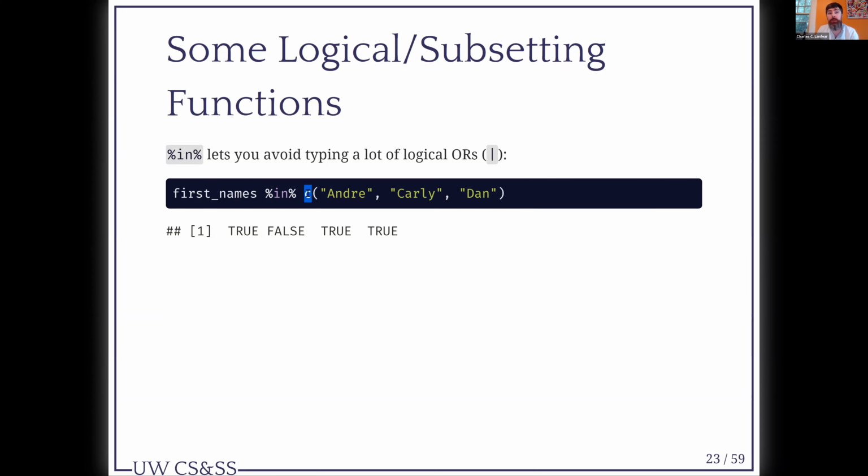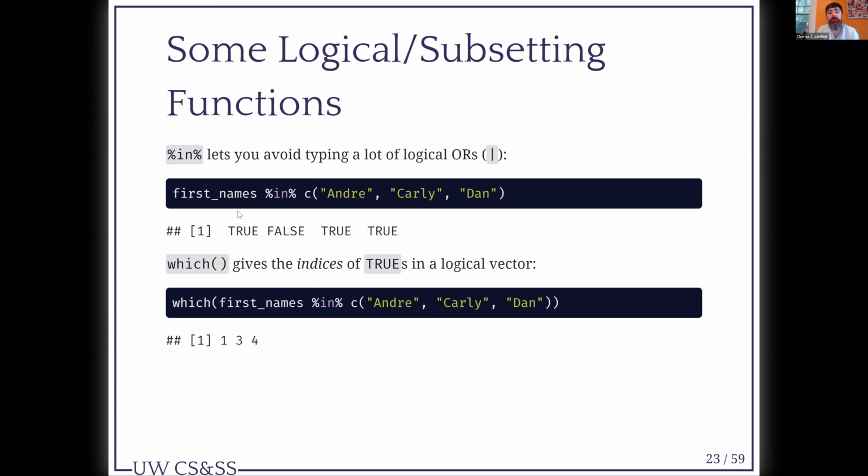So this is 3 of the 4 names, everything except Beth, which is the second name. First names %in% Andre, Carly, and Dan returns true because this is Andre, false because this is Beth, true because this is Carly, and true because this is Dan. This is a lot better than writing first name equals Andre or first name equals Carly or first name equals Dan. It's just a shortcut for that exact same statement.